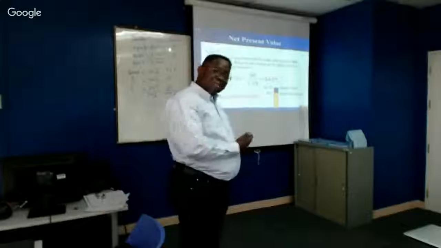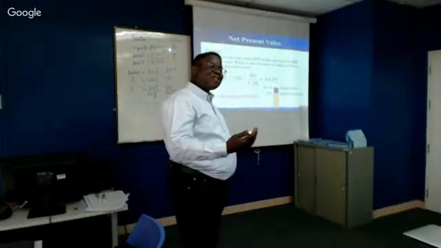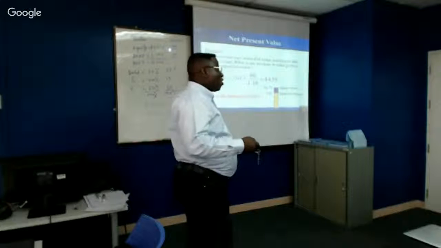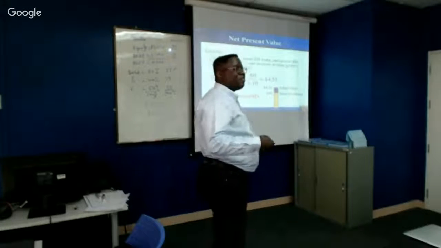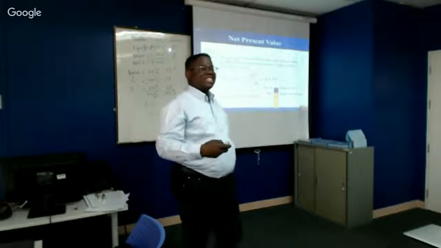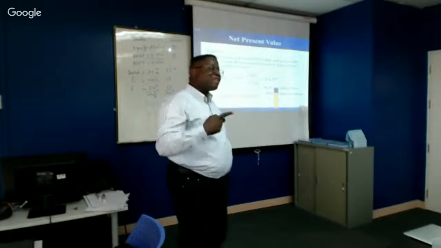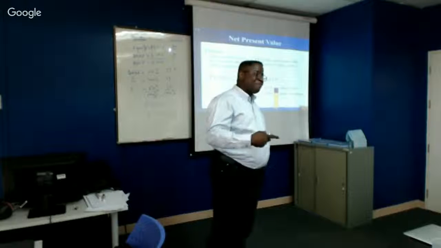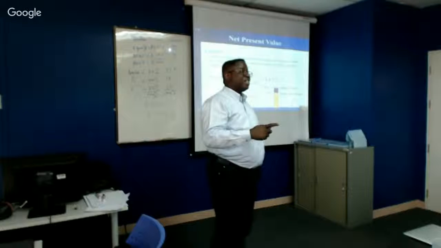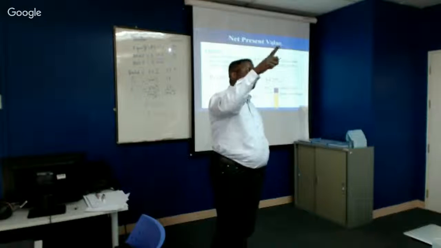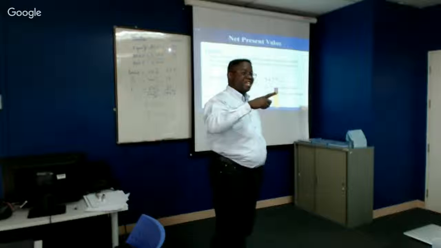Do you accept the results or not? No, you see, you forgot about time value of money. Expected return is 10%. That means you have to discount the value. The $60 is a future cash inflow, right?